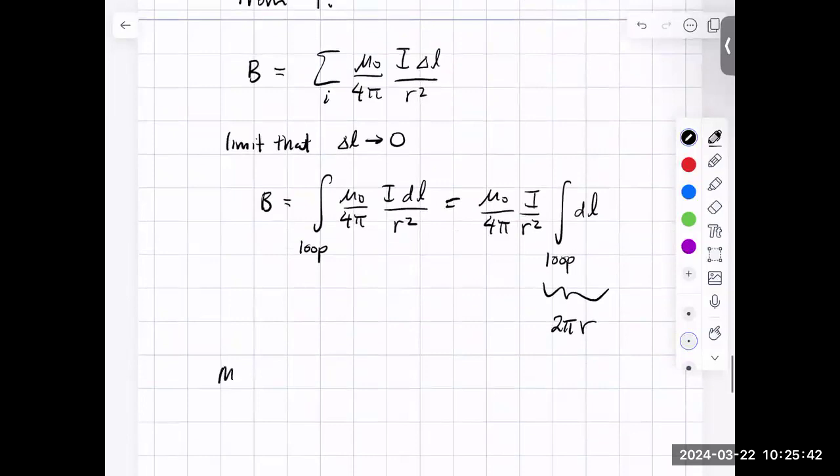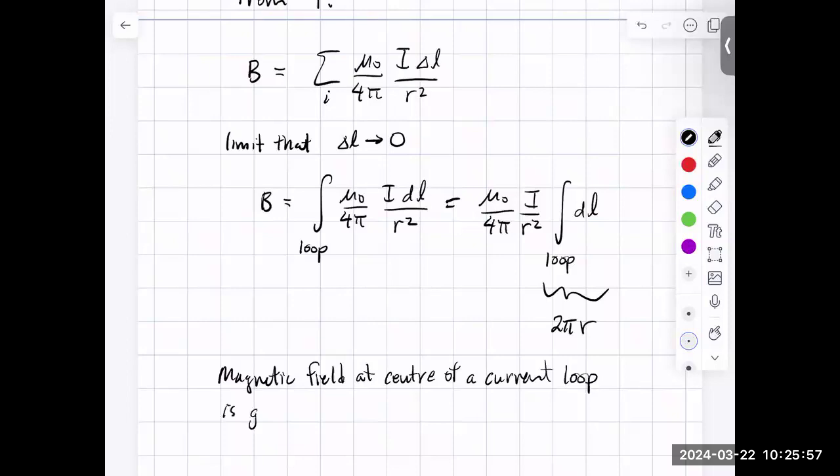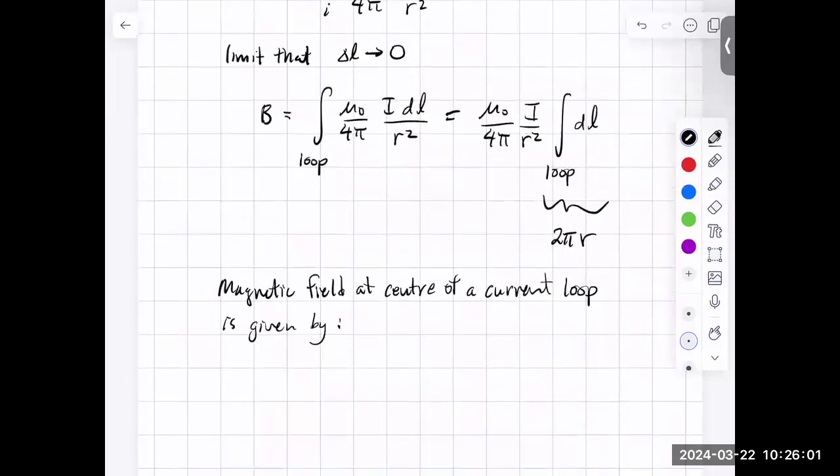So the magnetic field at the center of a current loop is given by, let's see, B is mu naught over 4 pi I over R squared, and then we have to multiply by 2 pi R.